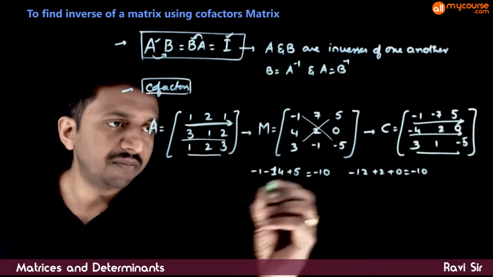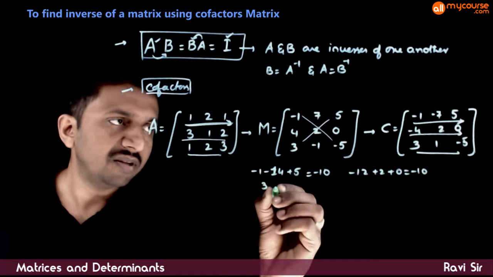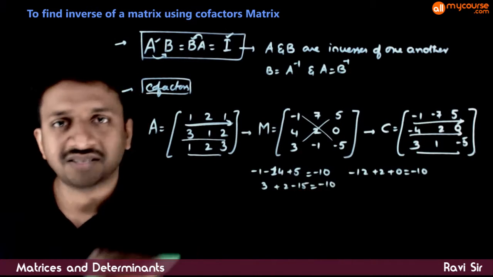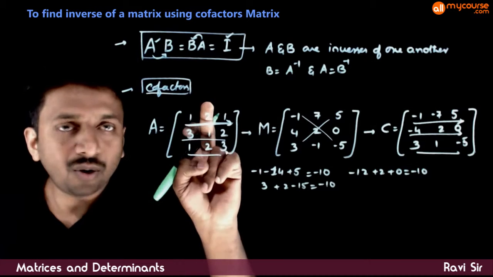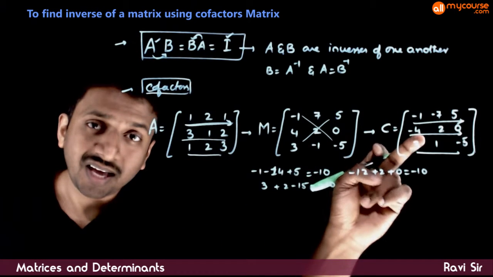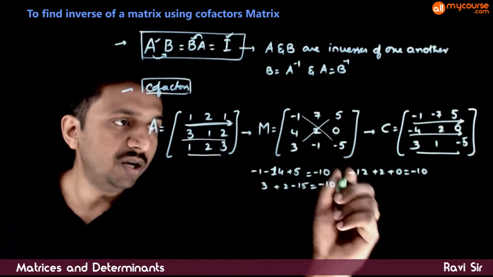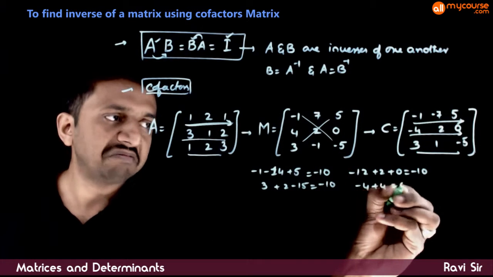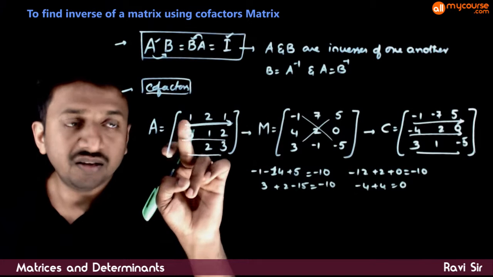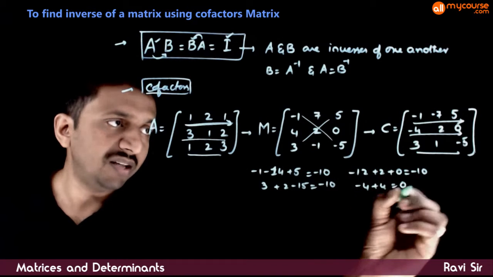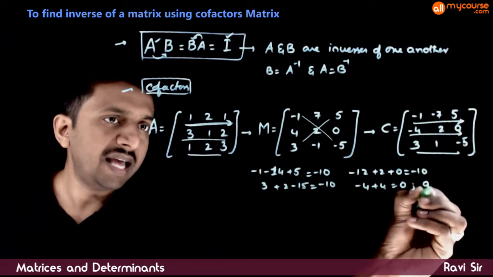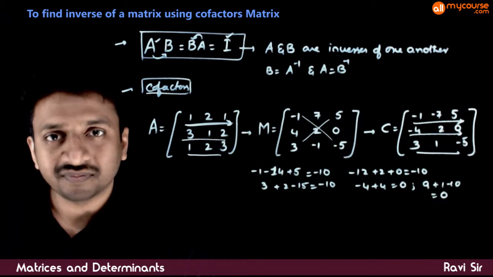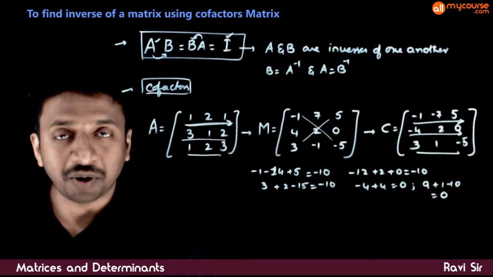Third row into third row, 3 plus 2 minus 15, again minus 10. Now any row with another row: 1 into minus 4 is minus 4, 2 into 2 is plus 4, so 0. Row 2 into row 3, 9 plus 1 minus 10, again equal to 0. So this is a very interesting property.